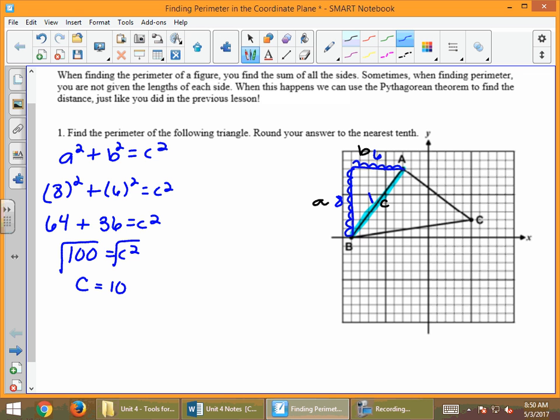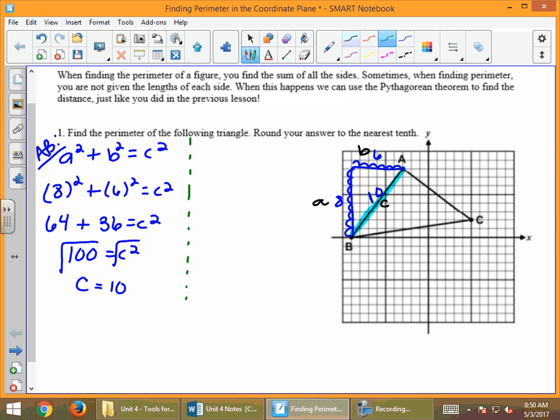So I'm going to go ahead and label this side with 10. And if it helps, label this AB. It's also color coordinated, but yours isn't necessarily color coordinated on your paper. So there's the distance of AB. You just make your right triangle, count your legs, and plug into the Pythagorean theorem, exactly like we did in the last lesson.